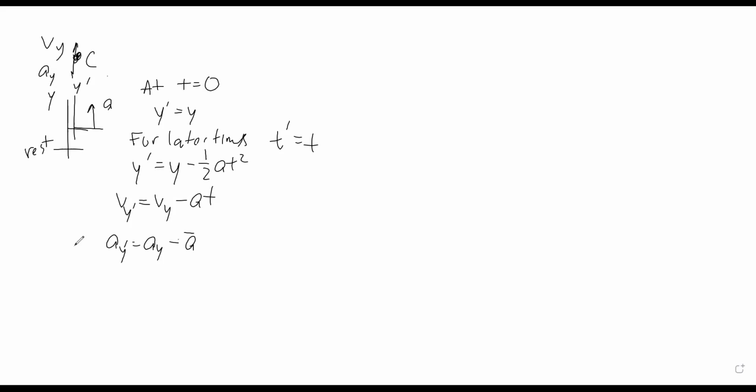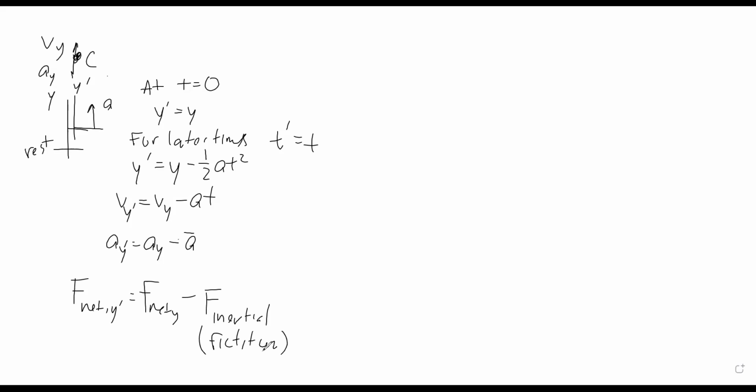And so if we multiply by mass, what's the net force then? What we observe is that the net force in the y prime frame is the F net in the y frame minus what we call an inertial force, also called a fictitious force.